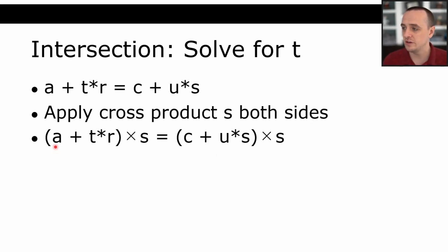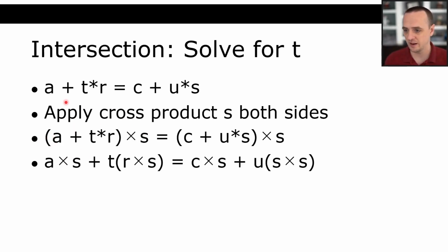So now we do that second property where we expand it, so now we get this. We have A cross S plus T times R cross S, okay? T is a scalar, so it can be pulled outside. It's just a scalar value, is equal to C cross S plus U, which can be pulled outside because it's just a scalar, times S cross S. But look at this.